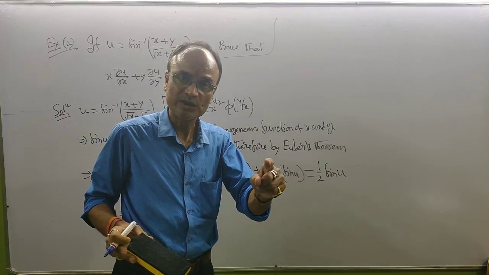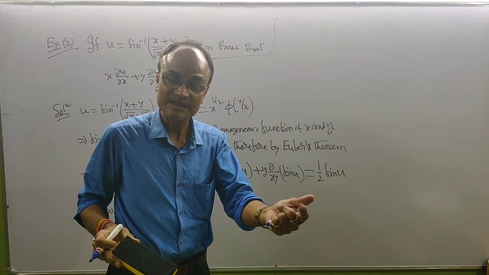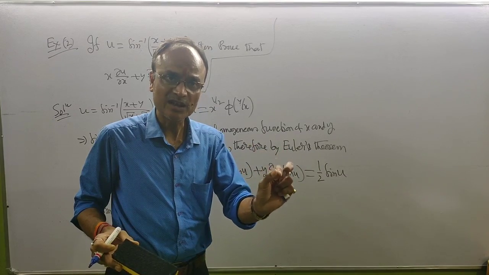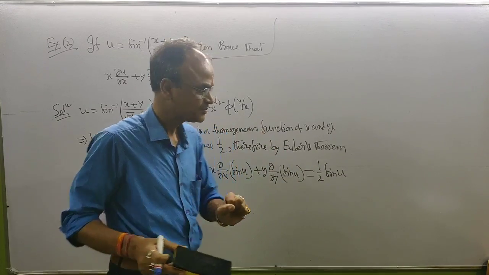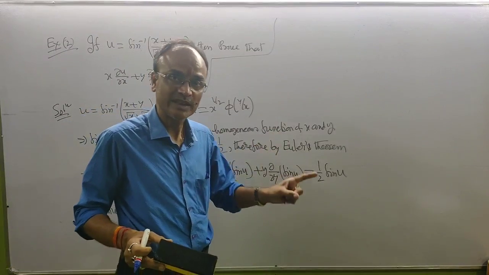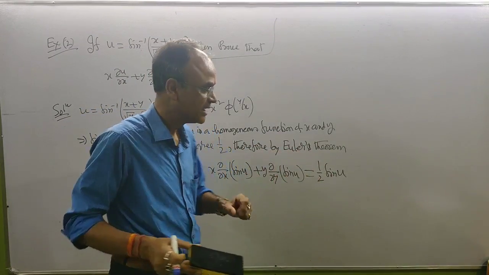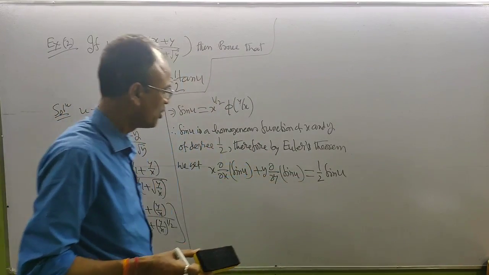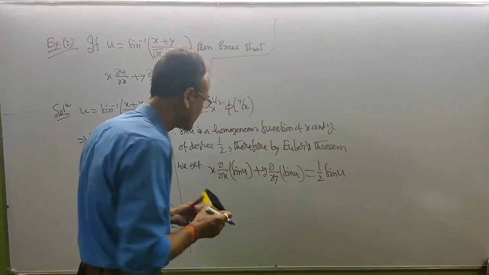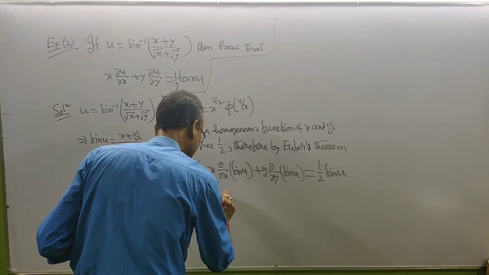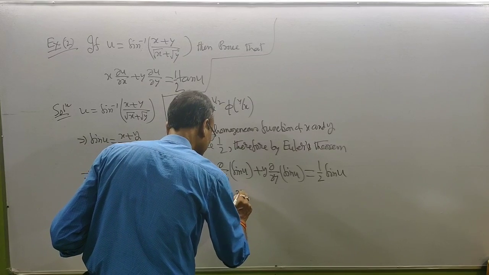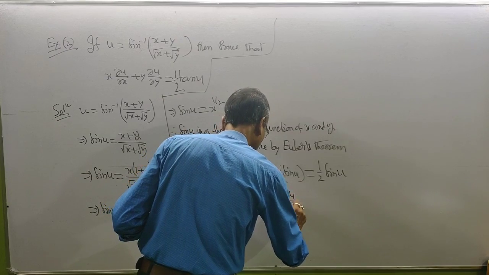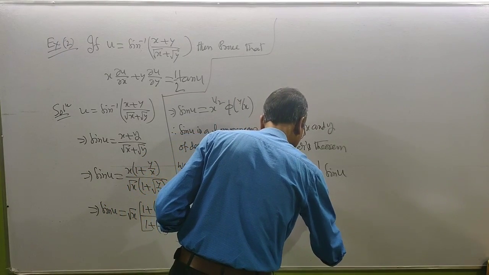If u is a homogeneous function of x and y of degree n, then Euler's theorem tells us x del u by del x plus y del u by del y equal to n u. For n we have written half. For u we have written sin u. This means x cos u del u by del x plus y cos u del u by del y equal to half of sin u.